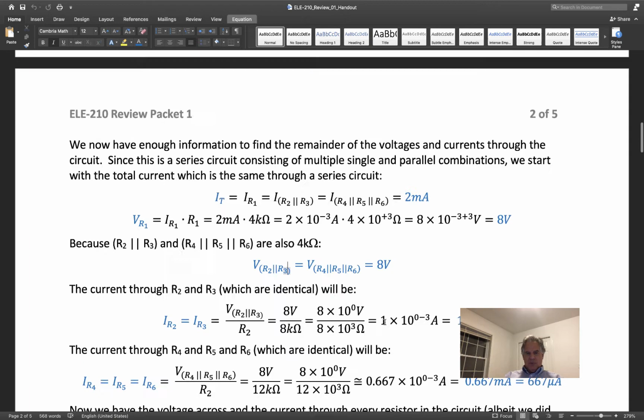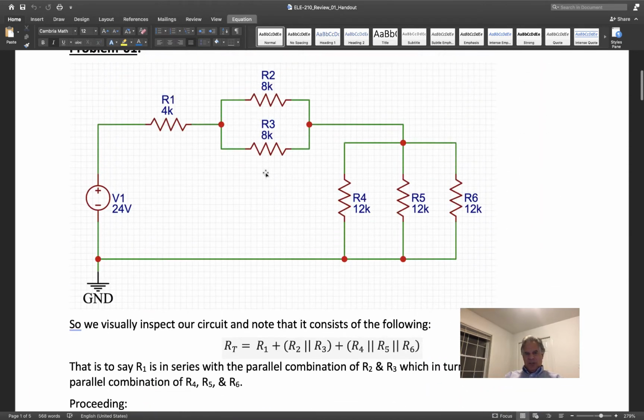Now that we know there's 8 volts across, say, this parallel combination of R2 and R3, well, if there's 8 volts across 8K, there should be 1 milliampere flowing there. And the same thing here, 8 volts across 8K, 1 milliampere flowing there. And so if we just do Kirchhoff's current law at this node, we have 2 milliamps total current flowing in, and we have 1 milliamp going out and 1 milliamp going out.